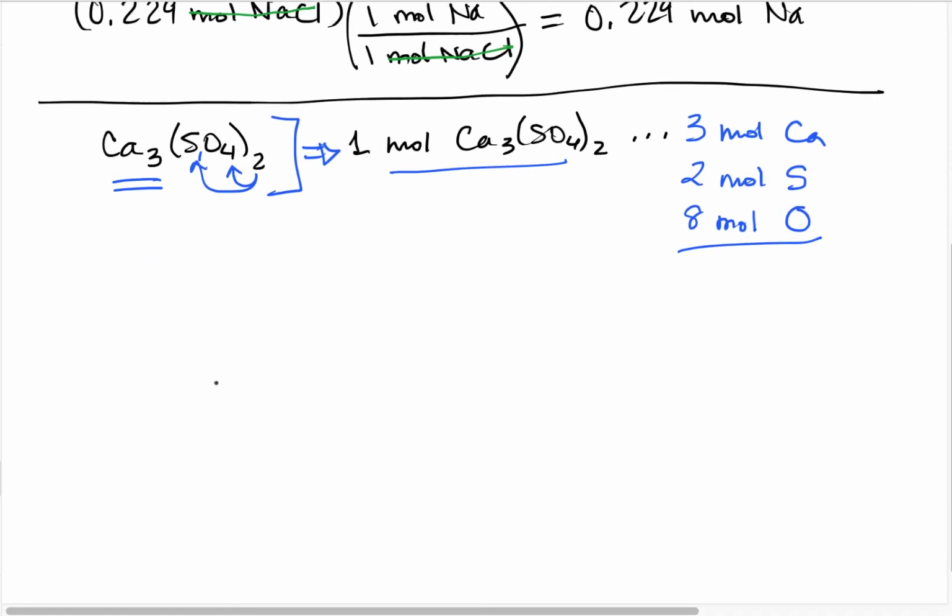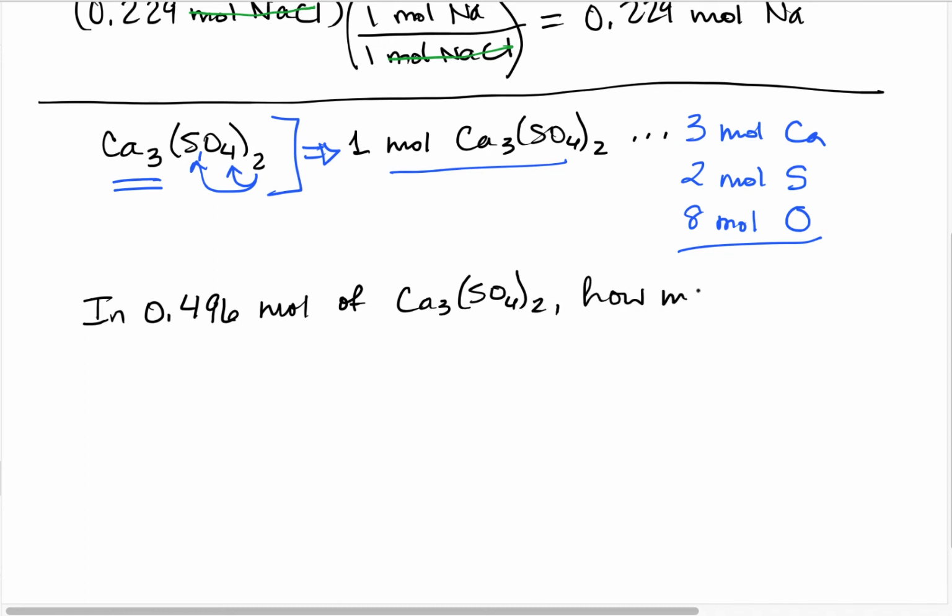So we already can take this molecular formula and figure out what our molar relationships are. Now, let's say we have a question that says, in 0.496 moles of calcium sulfate, how many moles of calcium do we have?